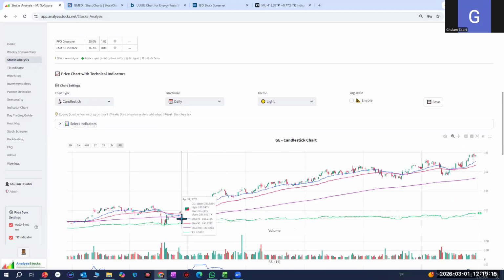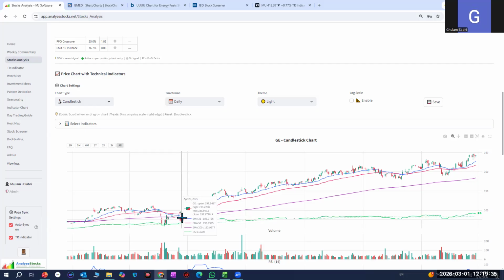So this is the 200 period EMA on the daily chart for GE. And this strategy is simple. When it crosses this 200 line, which is this line, and it comes back, it's known as either a pullback or a cross. Signal means when it crosses here, this is your signal.